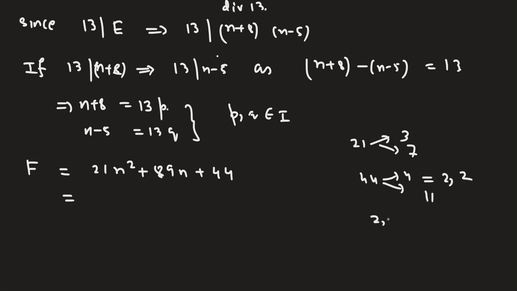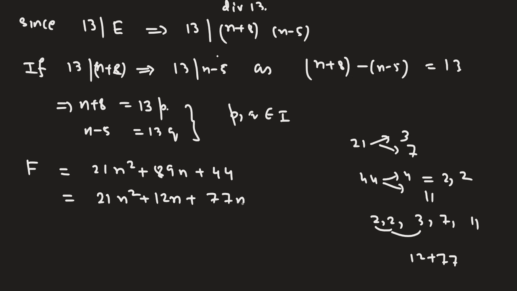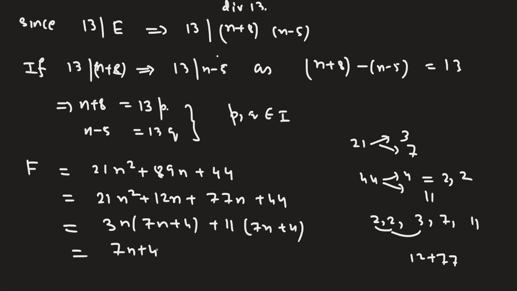You have to bring 89: 12 plus 77 is 89. So now 21n square plus 12n plus 77n plus 44. From here take 3n common, 7n plus 4, and from here take 11 common, 7n plus 4. So 7n plus 4 is one factor and 3n plus 11 is another factor.